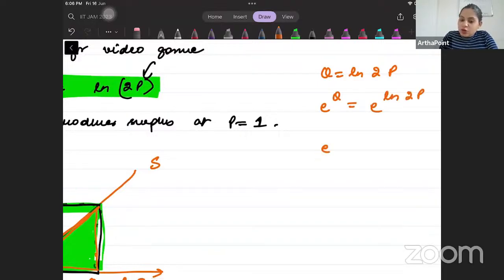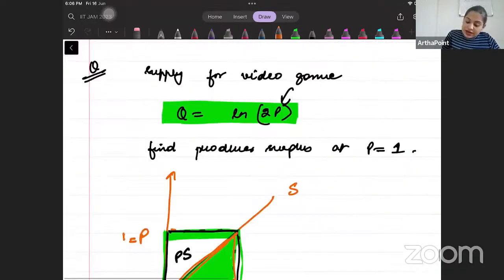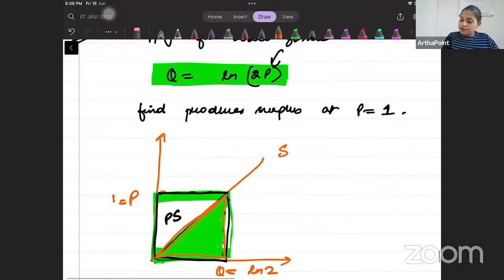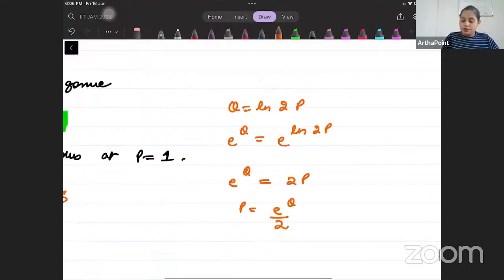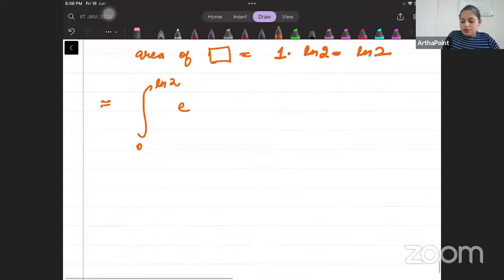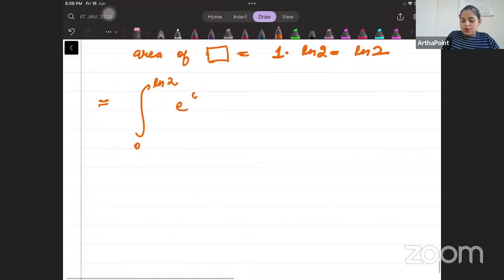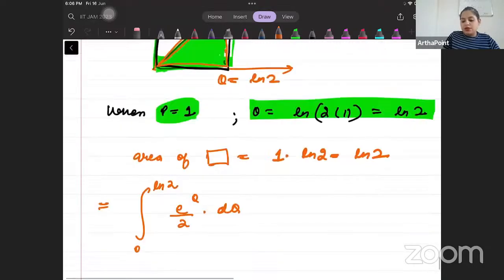And you will get e to the power Q is equal to 2p. So beta, p will be e to the power Q by 2. So I will integrate e to the power Q by 2 dQ. This will be this part.